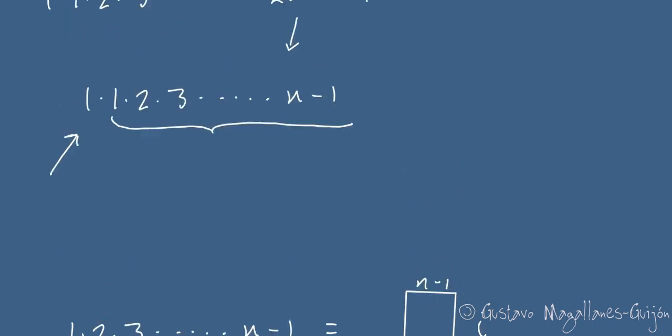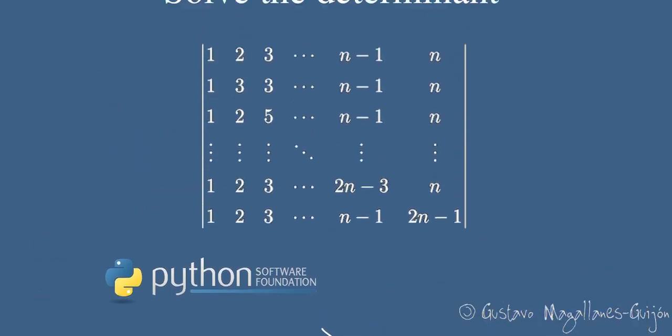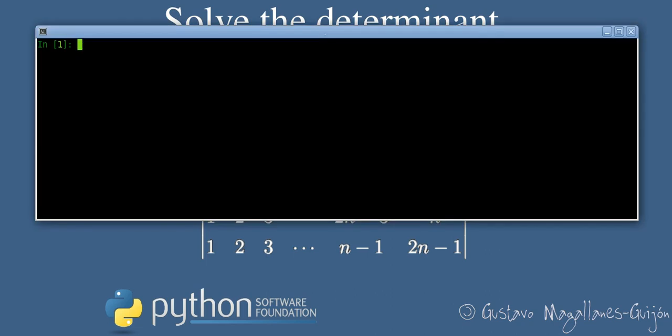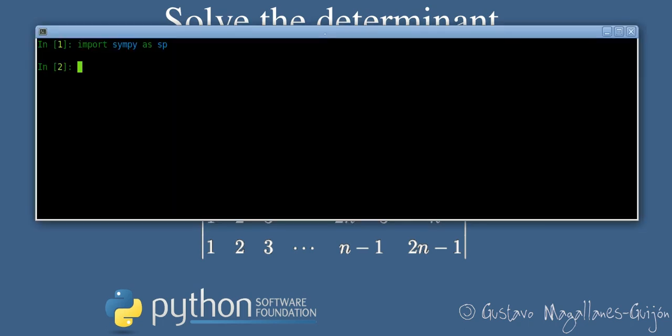In Python, we can only solve a part of the determinant. It is this determinant by 5, or 3 by 3, or 4 by 4, etc. In our terminal, we should import sympy as sp, and we need a 3 by 3 matrix, for example.